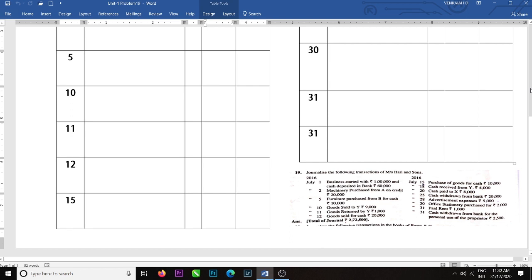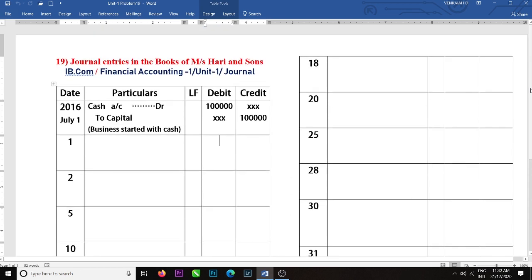Hari and Sons brought cash into the business. The business is getting cash. Cash is a real account, and what comes in will be debit. Capital is Hari and Sons' capital. Hari and Sons are contributing money, they are the giver, so their account is credited.